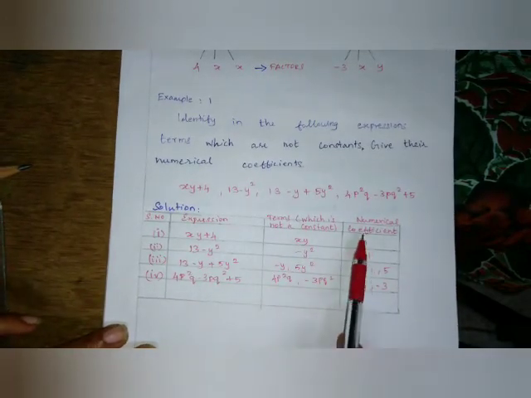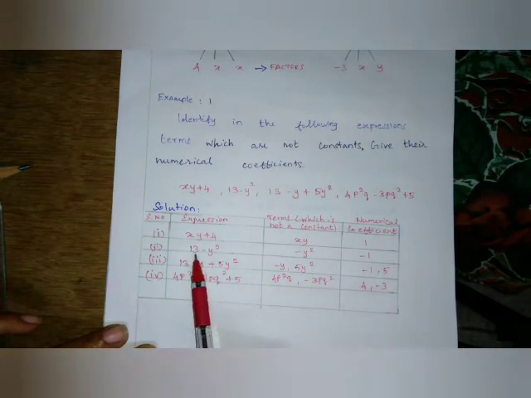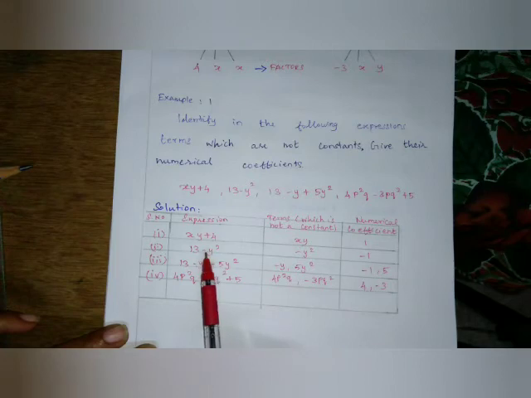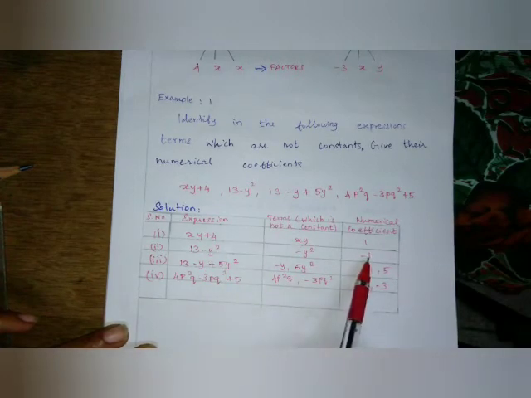Then the numerical coefficient of y squared. As I said before, when a variable has no number, it is multiplied by 1. So here we consider minus 1 before y squared, and we write that coefficient here.